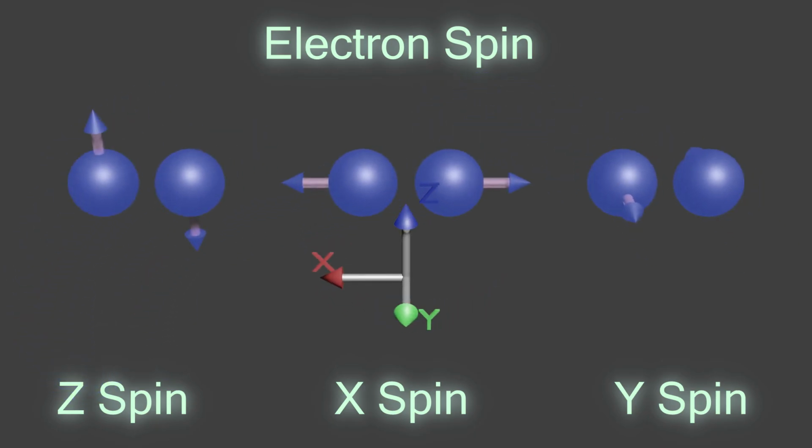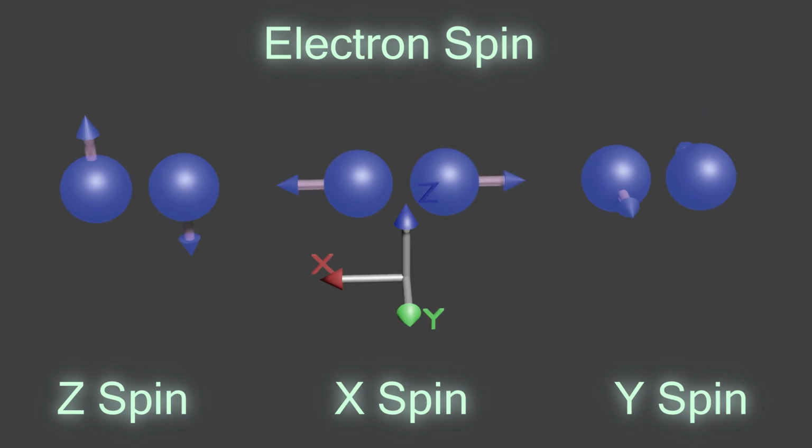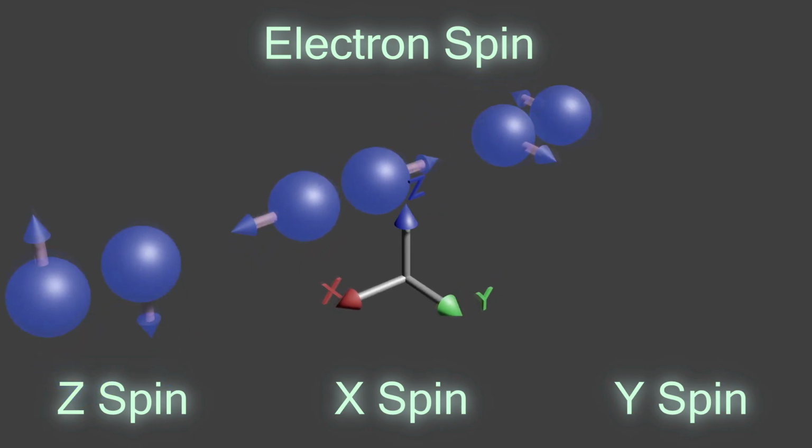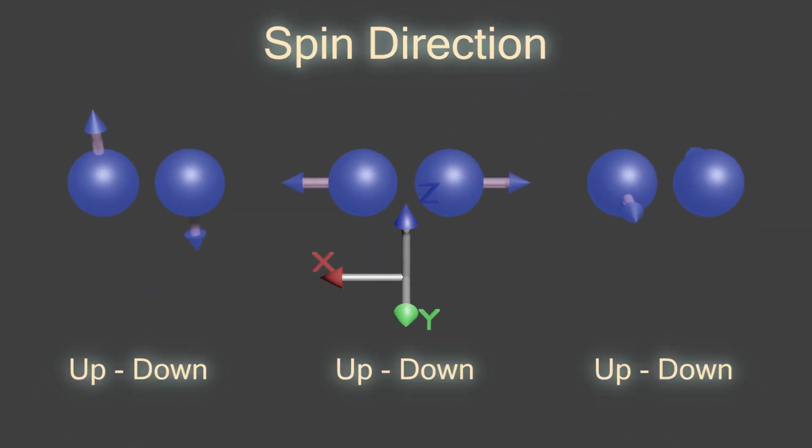In the case of electrons, the z-axis is conventionally taken as up and down, and the x-axis as left and right. Also, unlike the polarization of photons, spin has a direction. These are called spin up and spin down, and are represented by arrows above and below.